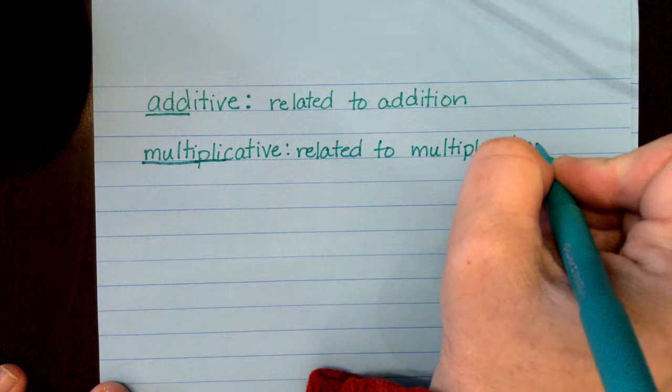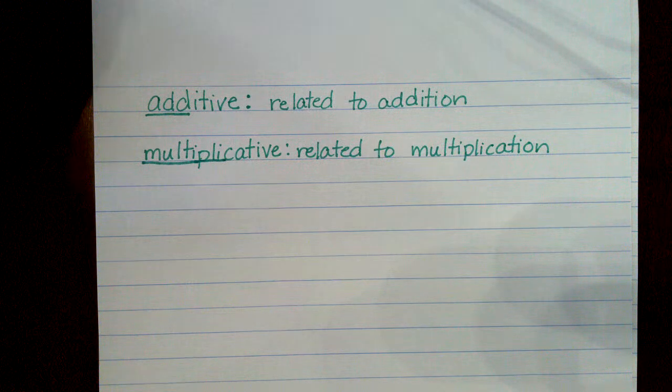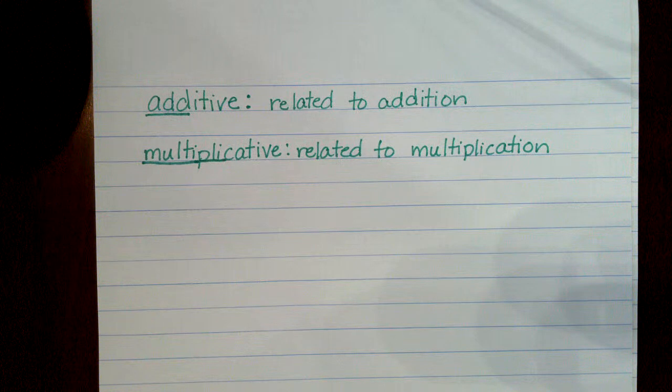So when you see that we're dealing with number patterns that are additive or multiplicative, basically what we're saying is we're going to deal with number patterns that increase by either adding or multiplying.